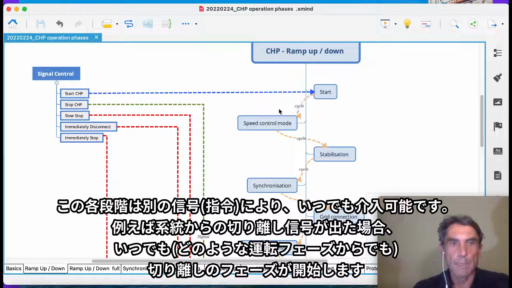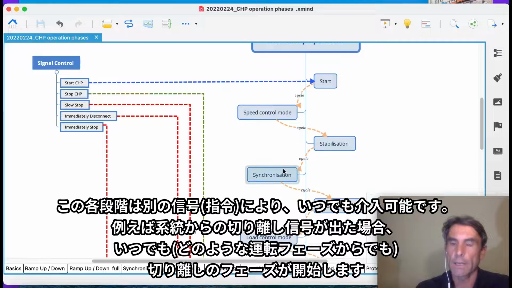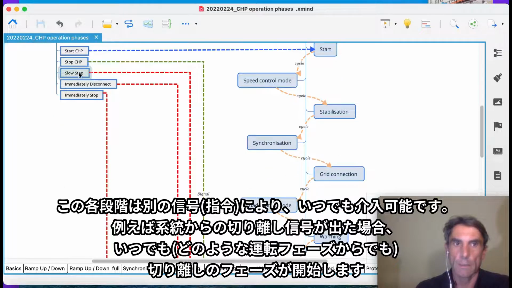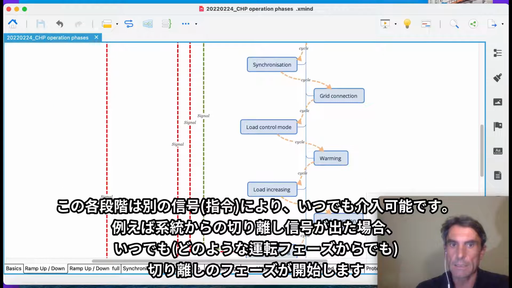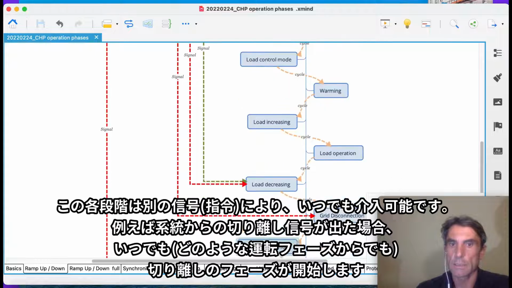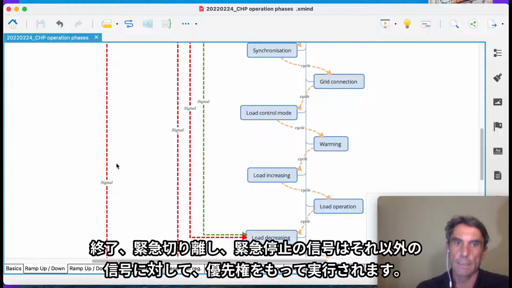Always, one of the signals could interrupt that process. That means if there is an immediate disconnect, no matter which mode we are in, we will jump immediately into the grid disconnection. So these signals will interrupt the process.